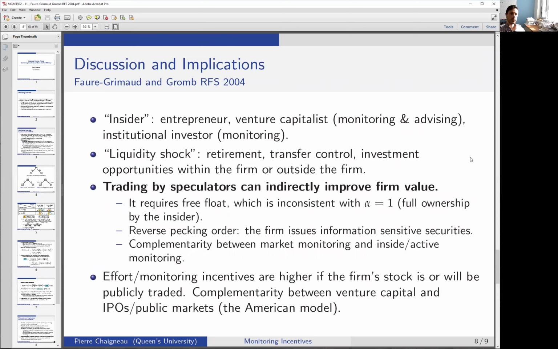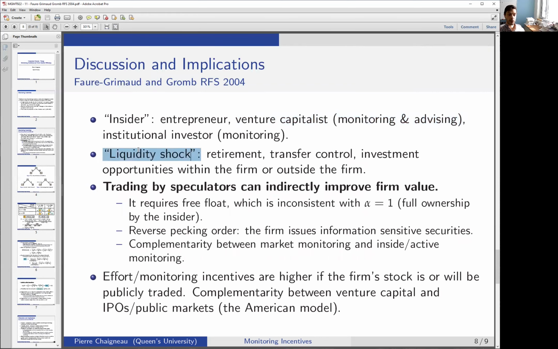Okay, so how can we interpret this model and what are the key messages? So the insider can be interpreted as a venture capitalist that engages in monitoring and advising of the firm. But of course, he can engage in monitoring and advising to a greater or lesser extent. So that depends on his effort incentives.